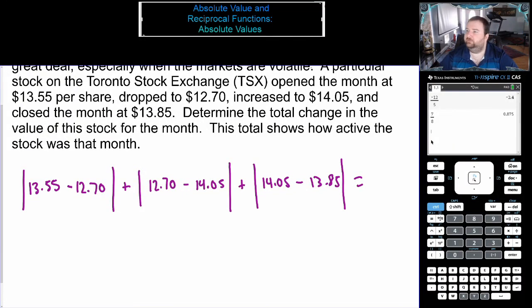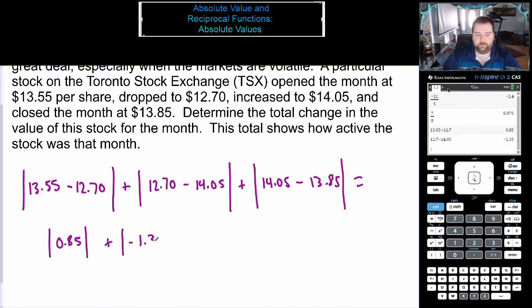So I'm just going to do this little piece in my calculator here. So we have 13.55 minus 12.70, which is 85 cents. So we have the absolute value of 0.85. Plus, let's do the next one here. 12.70 minus 14.05, which is going to be negative 1.35.